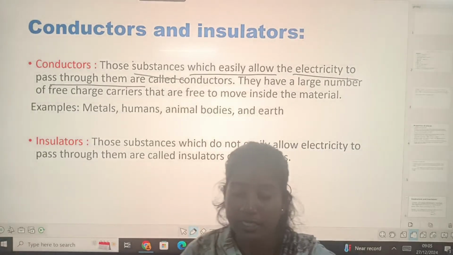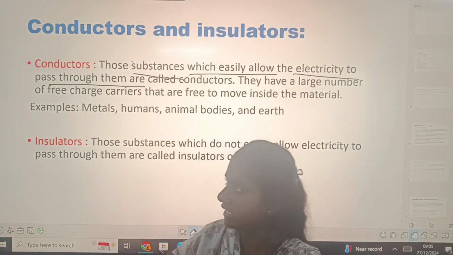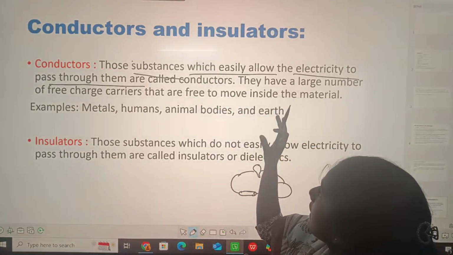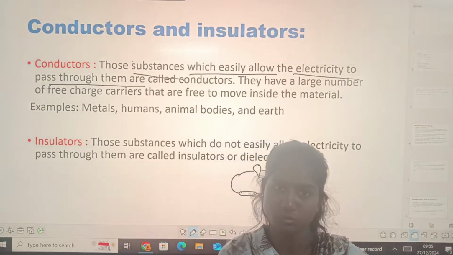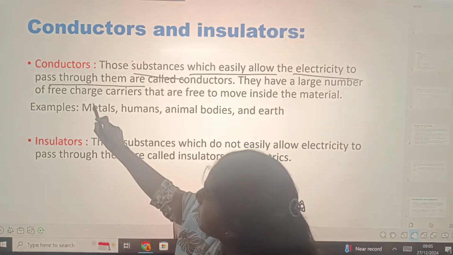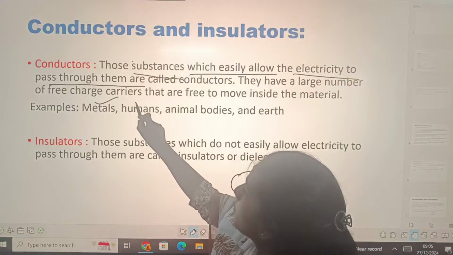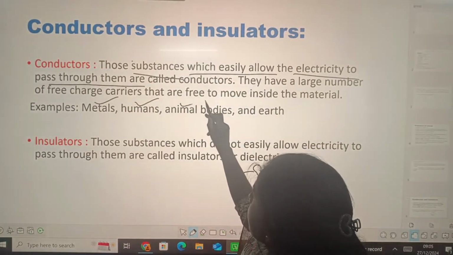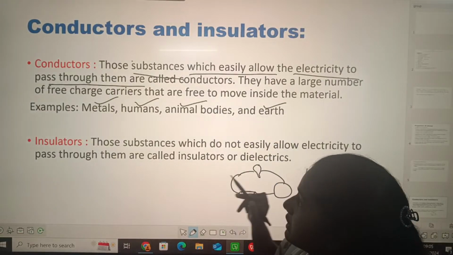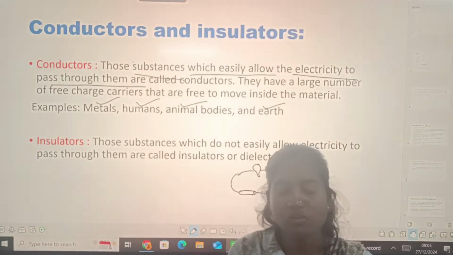See, conductance means those substances which allow the electricity to pass through them. Those substances are metals, and human beings also conduct electricity, and animal bodies and earth. These are the conductors of electricity.